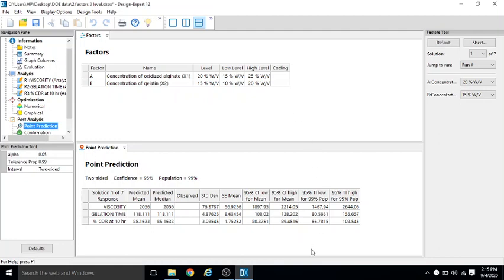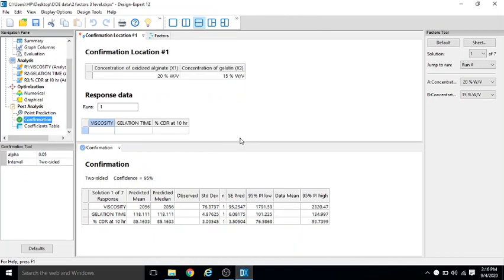So yes, here you can see that the viscosity is 2056 centipoise, gelation time 118 seconds, the target was 100 seconds, and the percentage CDR target was 94, but actually you are going to get 85.1633, right? So this would give you the point prediction, and this is the possible formula to achieve the target which you have given.